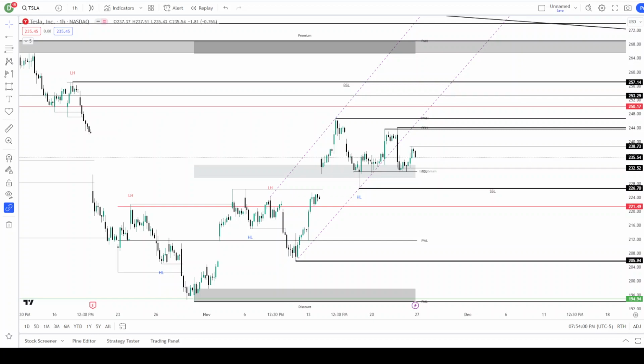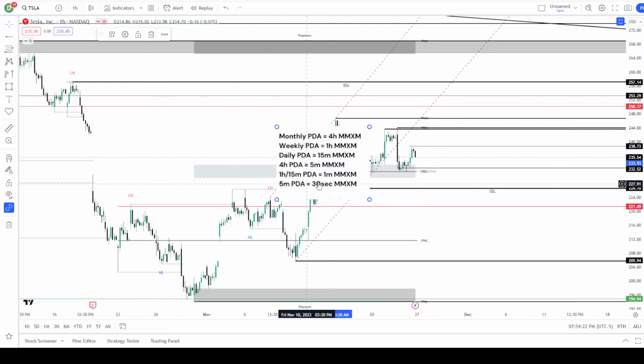So I'll show you guys here how to identify that. Hold on just a minute. So I'm going to grab something. I'm going to drop it on the chart here.